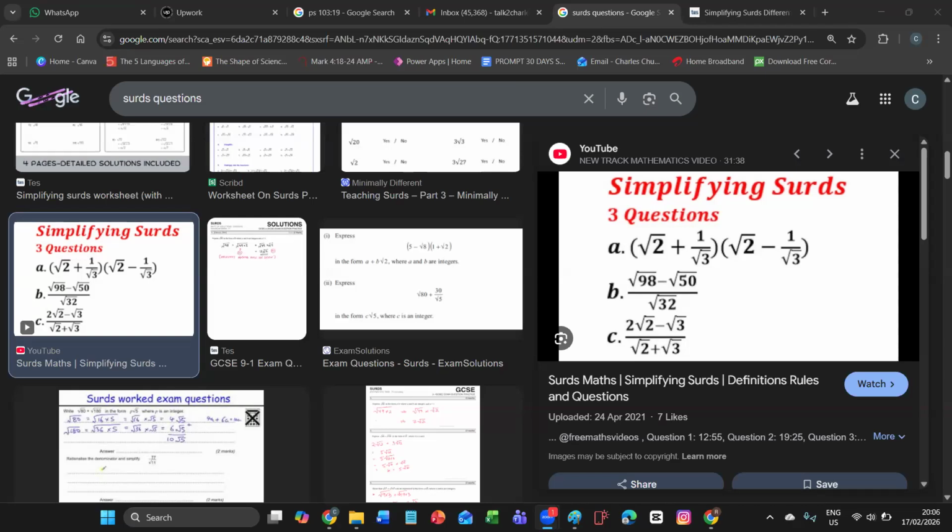Let's see that B: sod 98 minus sod 50 over sod 32.